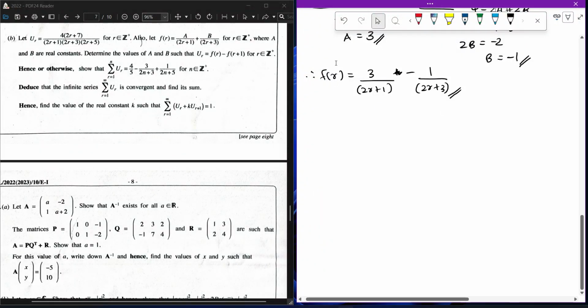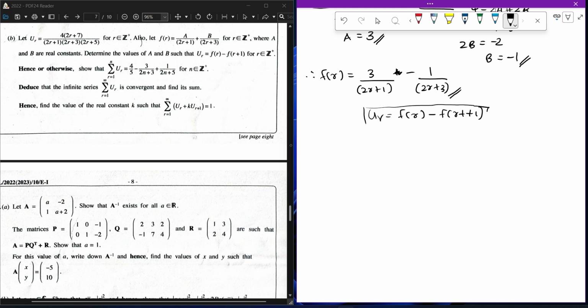That's not actually asked, but it's better if you could do it, because this fr is not complete otherwise. So now write the ur expression again: ur equals fr minus fr plus 1. So this is the major scenario.